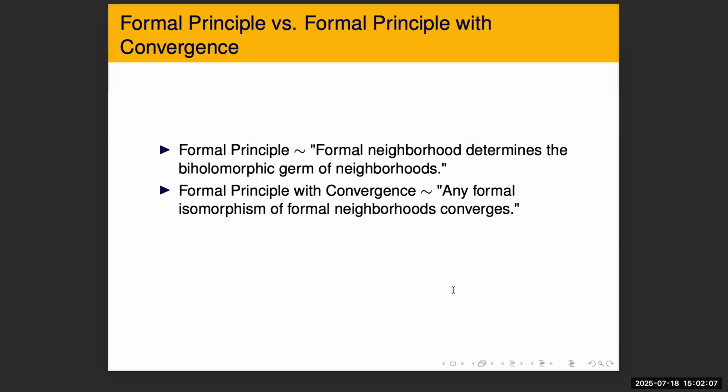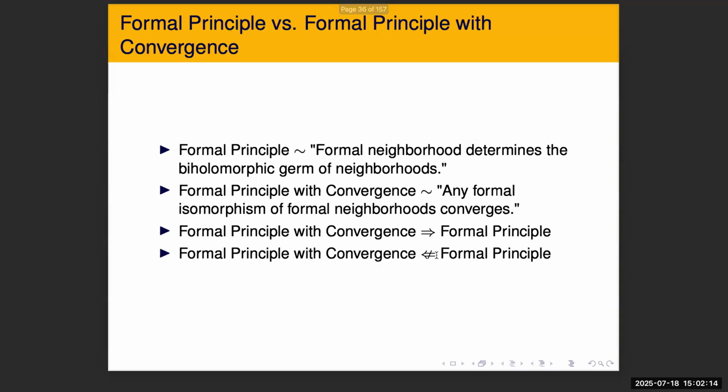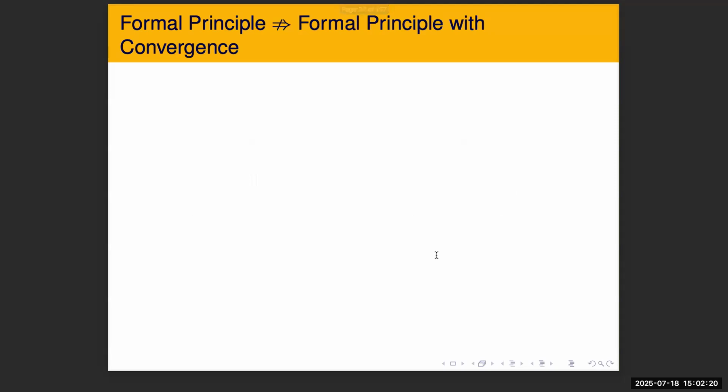So this is a stronger notion. Formal principle with convergence implies the formal principle, but the converse is not true. So let's give a simple example showing that the formal principle does not necessarily imply formal principle with convergence.